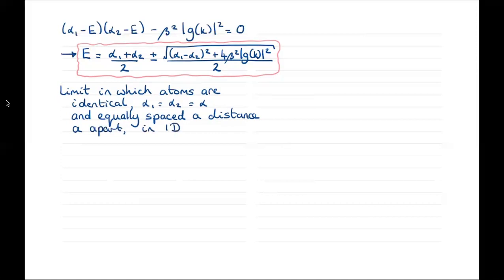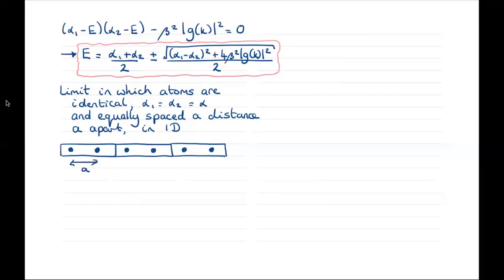And so this is exactly the case of the 1D chain that we already looked at. And so we should get the same answer, even though this time we're considering that we have two atoms in the unit cell. The physical system is exactly the same as we looked at before.